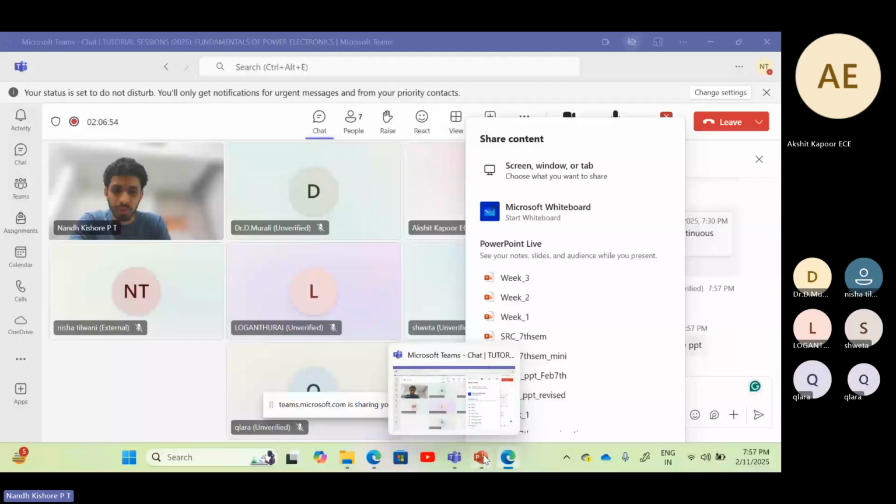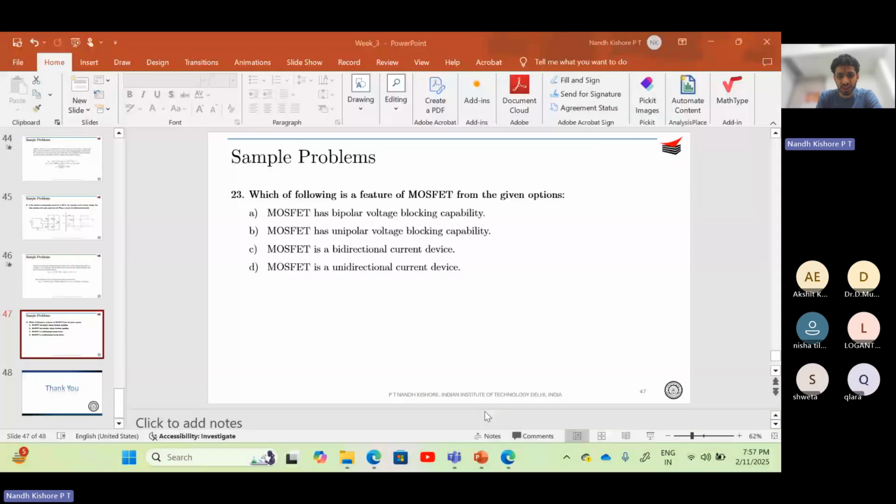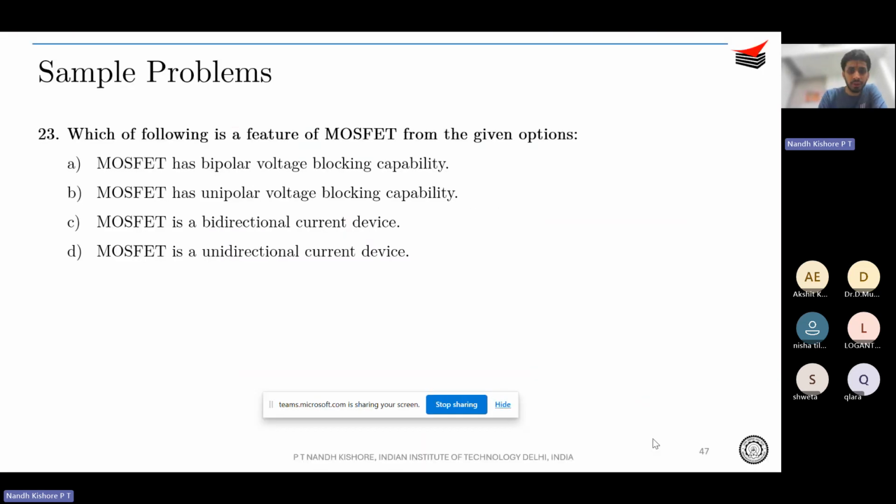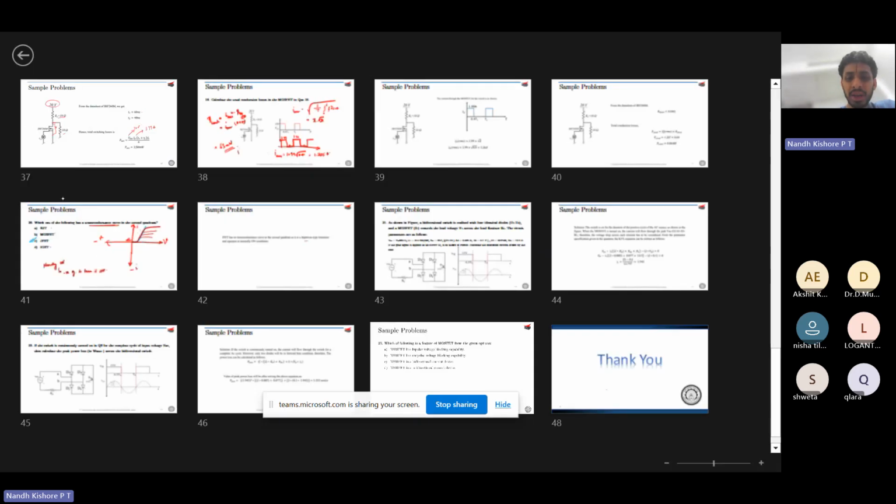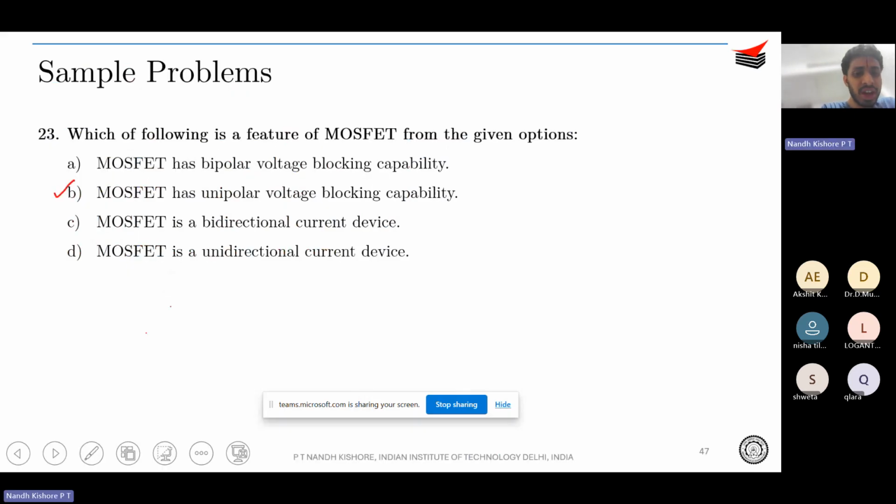Just one more question I just saw right now. This is a very simple question. I think I missed out on this question. This pertains to this particular week's syllabus. Which of the following is a feature of MOSFET from the given options? MOSFET has bipolar voltage blocking, unipolar voltage blocking, bidirectional current, and unidirectional current. Of course, you know that it has unipolar voltage blocking and bidirectional current capability, right?